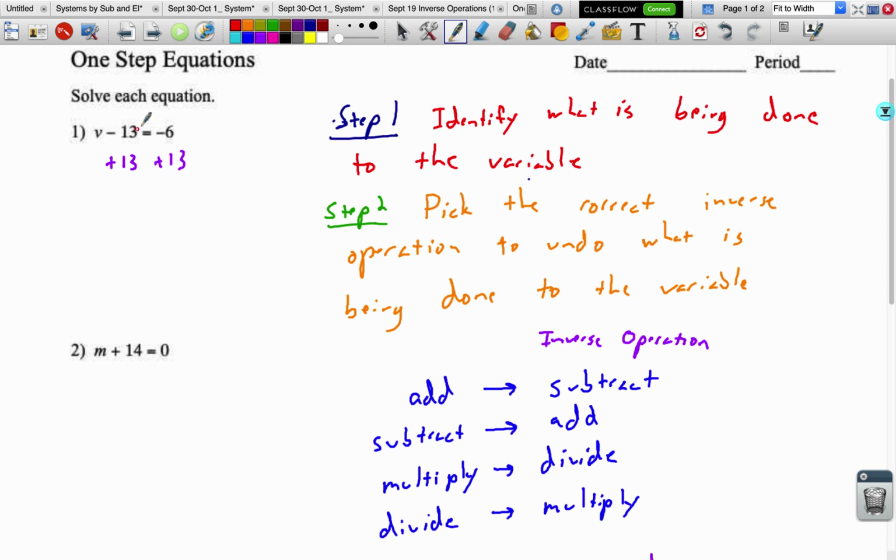Now the negative 13 and the positive 13 cancel out, and I'm left with just a v on the left side, and the negative 6 can combine with the 13 and become a positive 7. Negative 6 plus 13 is 7. My variable is isolated on one side of the equal sign with a number on the other side. This is my answer. I put a box around it.